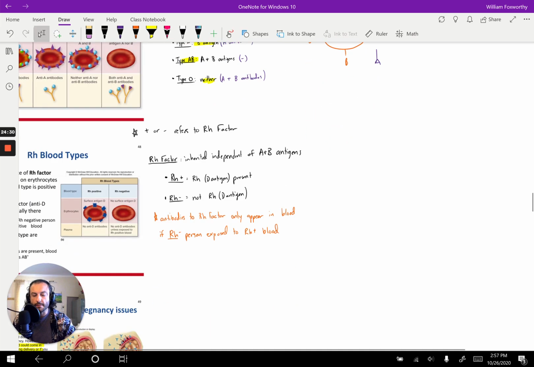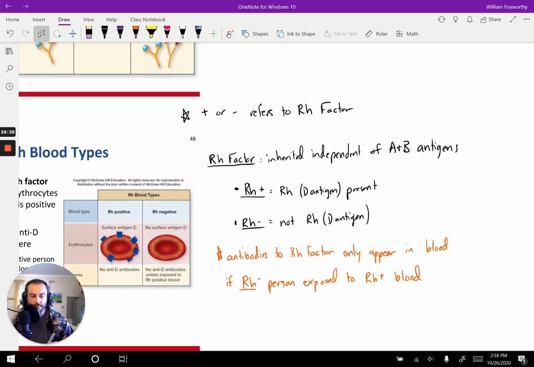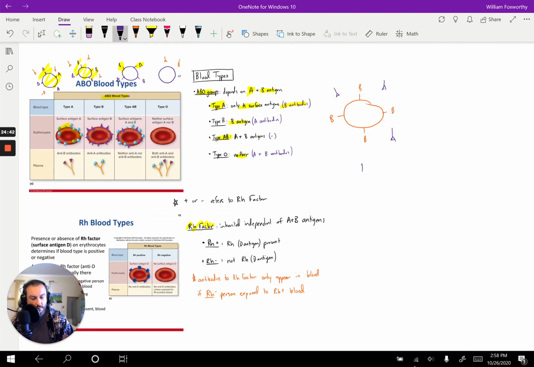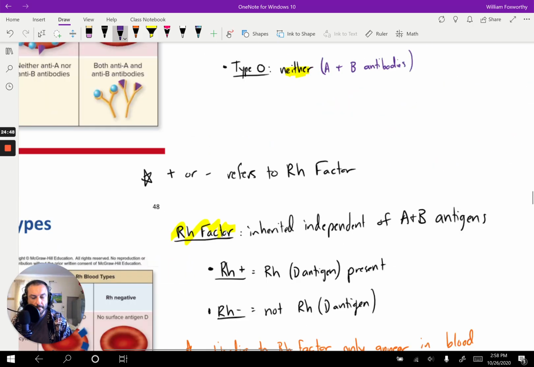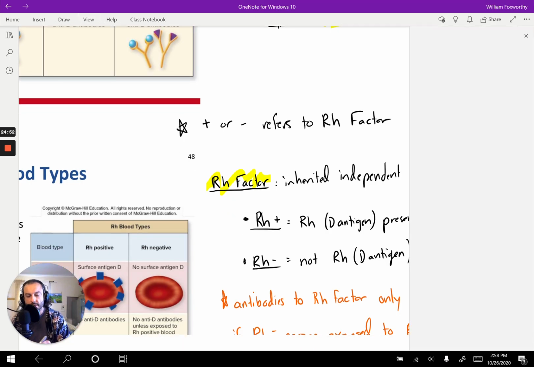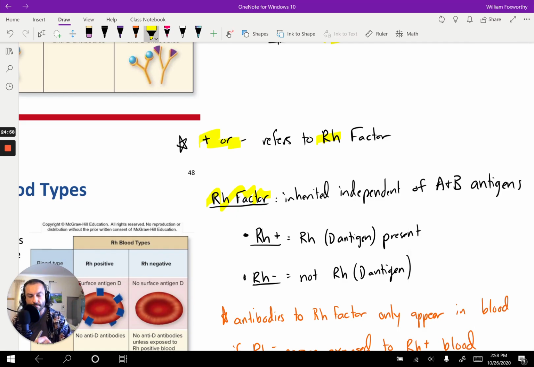Okay, independent of the AB antigen, you also inherit this Rh factor. And so you've probably seen, just to continue with this example here, this could be type B, and then it would be positive or negative. And that positive or negative designation refers to the Rh factor, which unfortunately is also known as the D antigen.